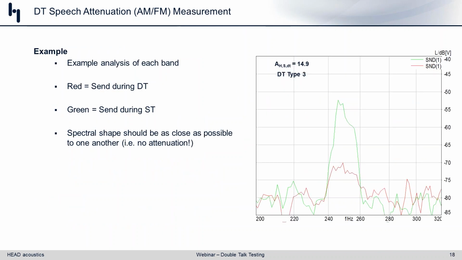So the idea here is that because of the offset frequencies, we can now look at the attenuation and the echo. In this example, we'll look at the attenuation. So in the green, we have what the device sent during single talk.